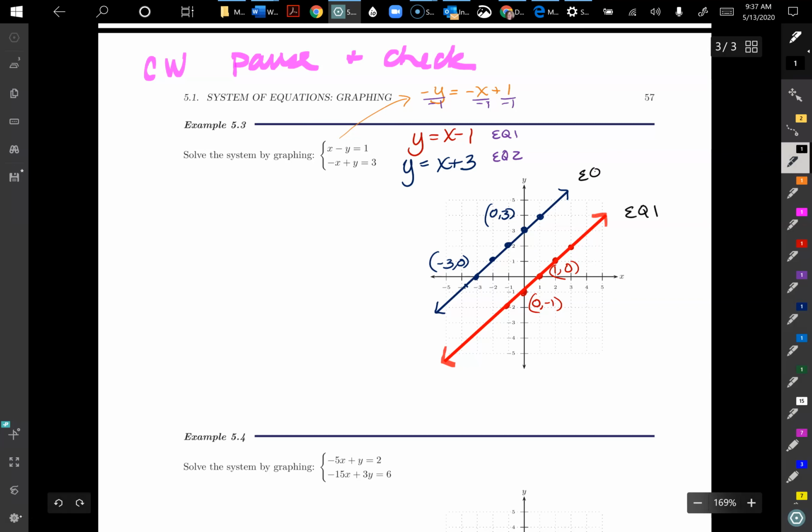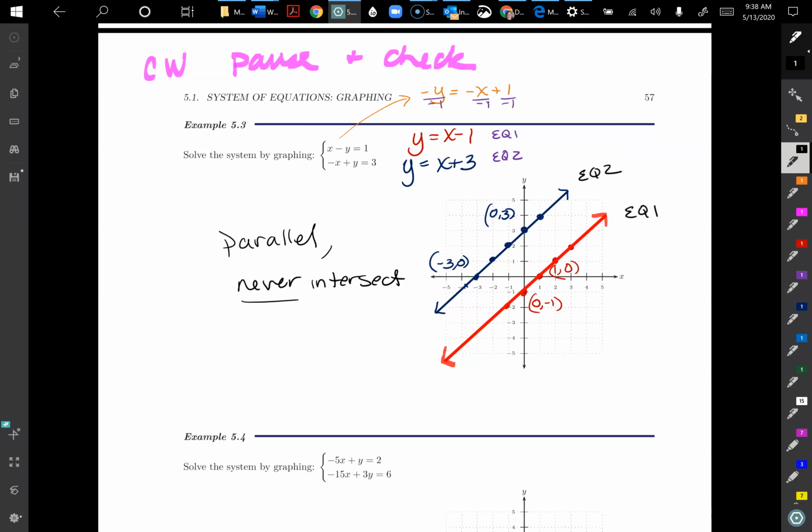This one's equation 2. You can see that they are parallel, so they'll never intersect, right? So we are going to say no solution.